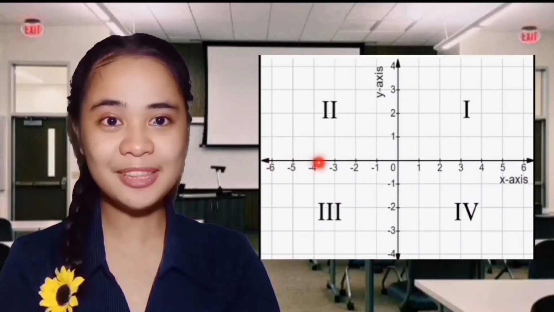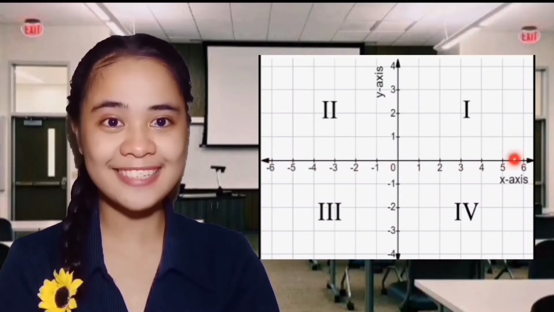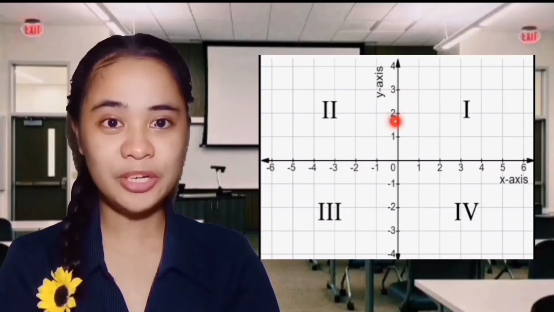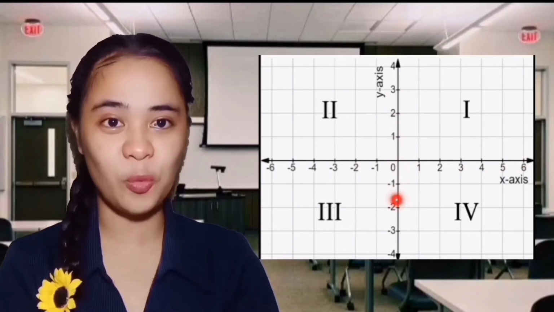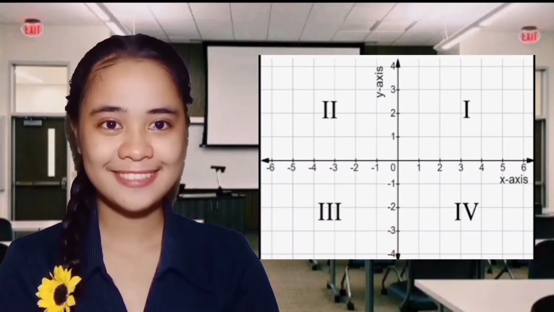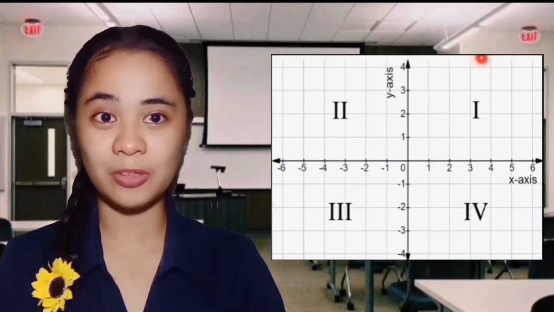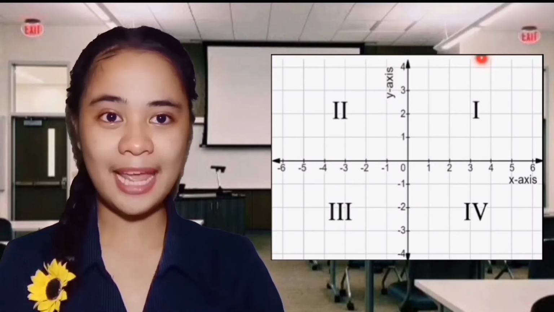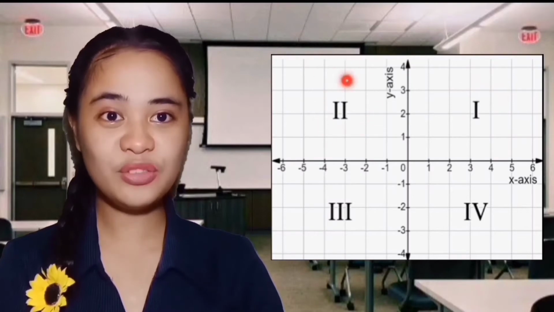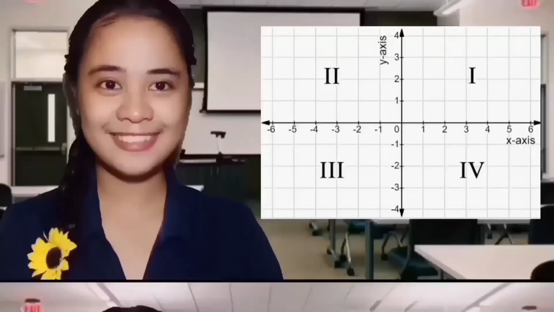The horizontal number line is called the x-axis, and the vertical number line is called the y-axis. Notice that the axes divide the plane into four regions, or what we call the quadrants, labeled in Roman numerals 1 through 4 in counterclockwise order.